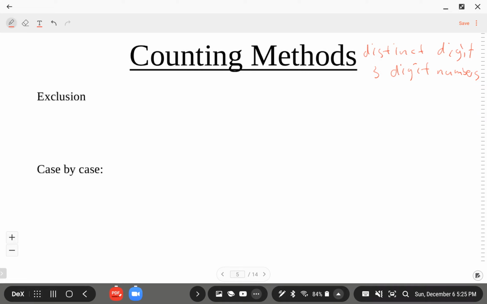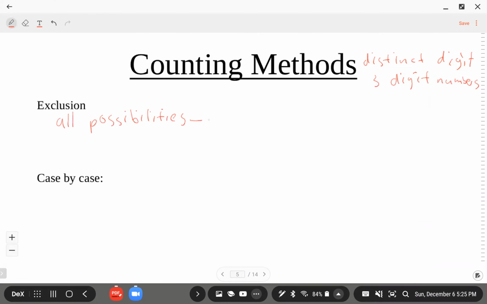The exclusion method is all possibilities minus the unwanted possibilities.